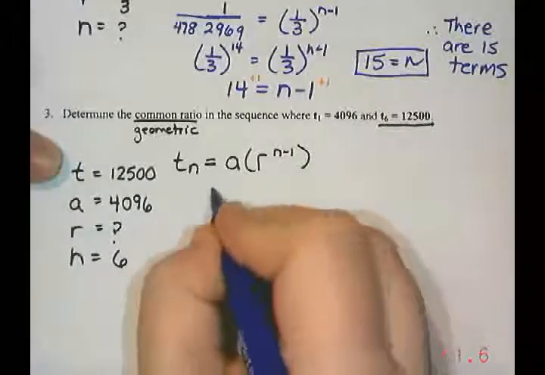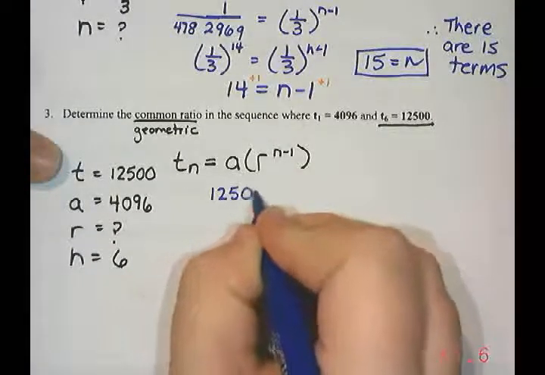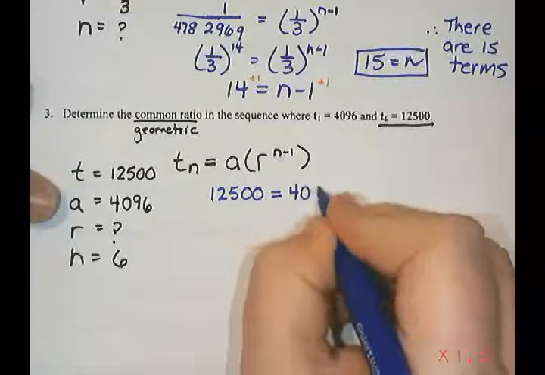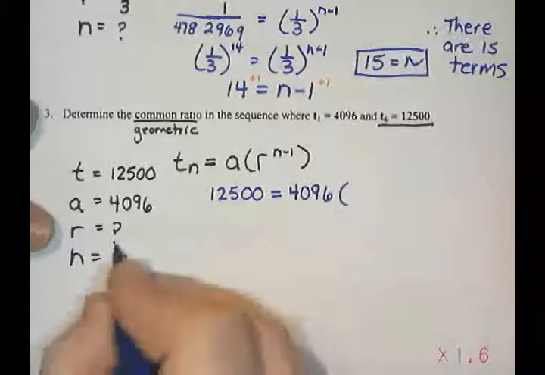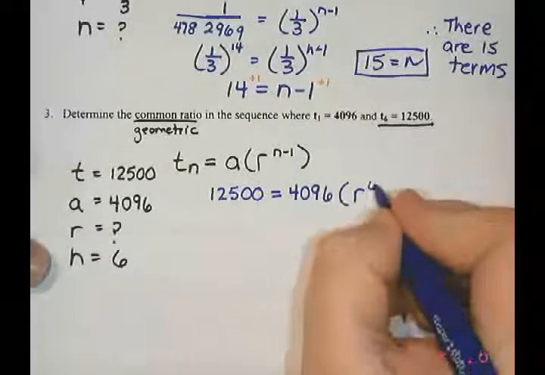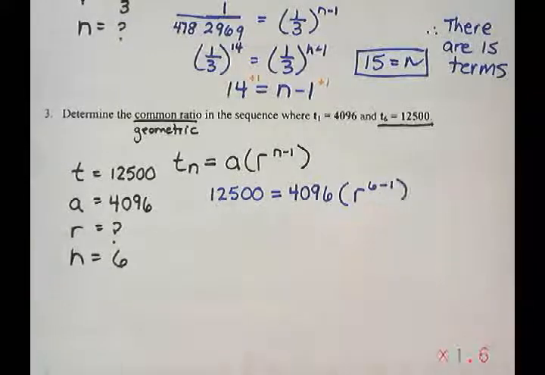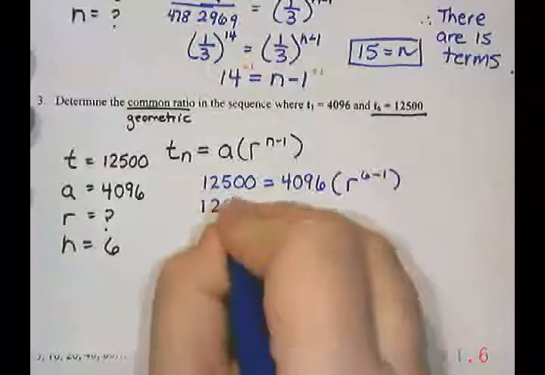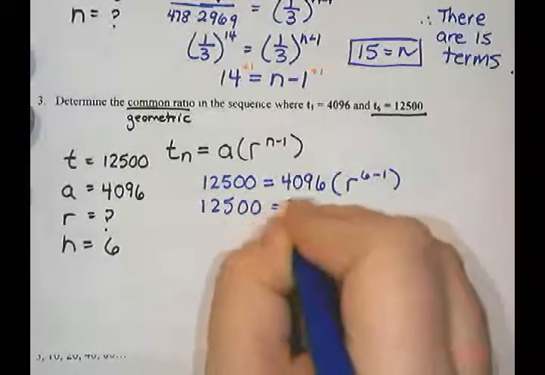So Tn, we're going to put in 12,500, which is term 6, is the first term, 4,096, times R, the common ratio, which I do not know, to the power of n, which is 6, take away 1. So I can do 6 take away 1, which is 5.